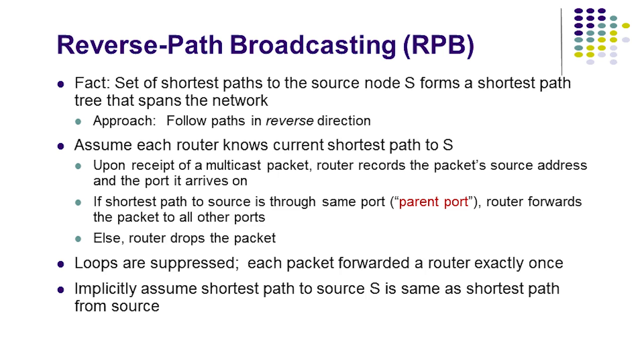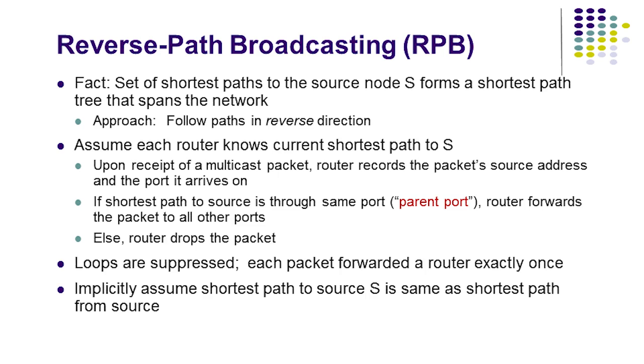If the shortest path from the router back to the source is through the same port the packet arrives on, which we call the parent port, the router forwards the packet to all other ports except the one the packet arrived on. Otherwise, the router drops the packet.